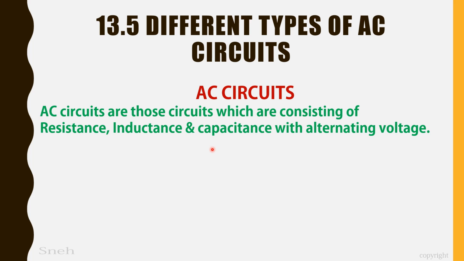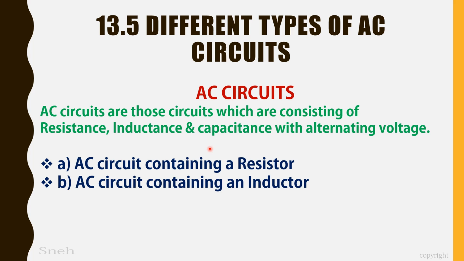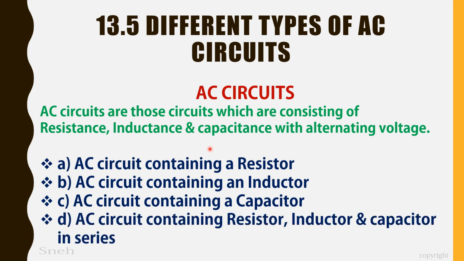Depending on the elements in the circuit and their combination, AC circuits are divided into different types. These types are: AC circuit containing a resistor, AC circuit containing an inductor, AC circuit containing a capacitor, and AC circuit containing resistor, inductor and capacitor in series, as well as we can consider them in parallel also.